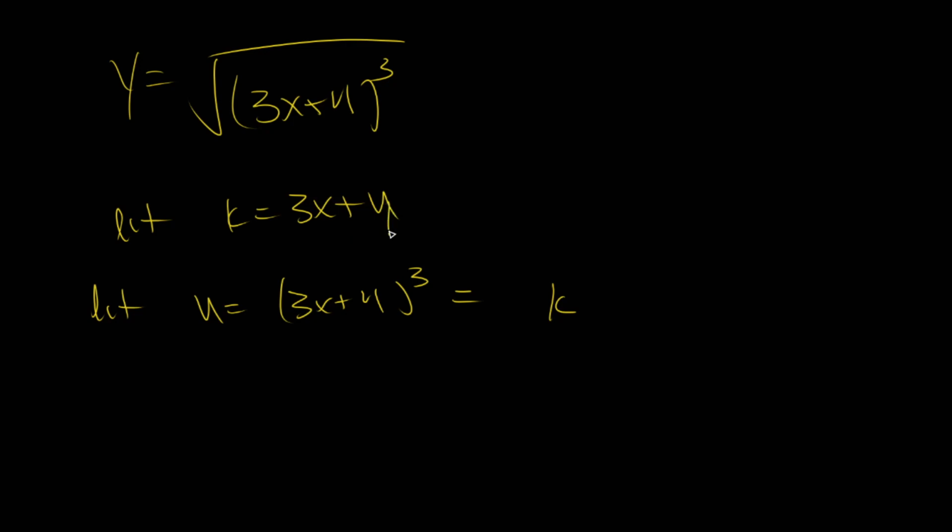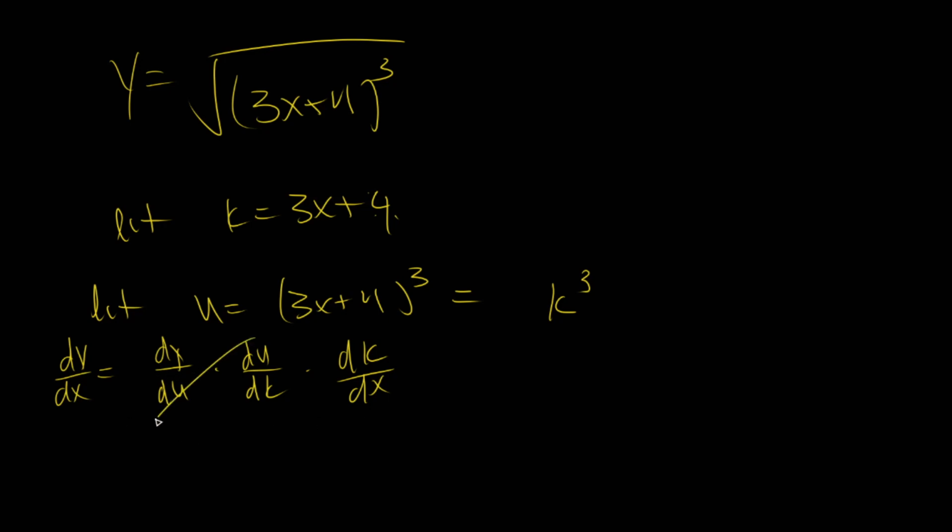So y is the square root of u. We want to find the derivative of y in terms of x. Now this is equal to dy over du multiplied by du over dk multiplied by dk over dx. Right? We see that this and this cancel, and this and this cancel.